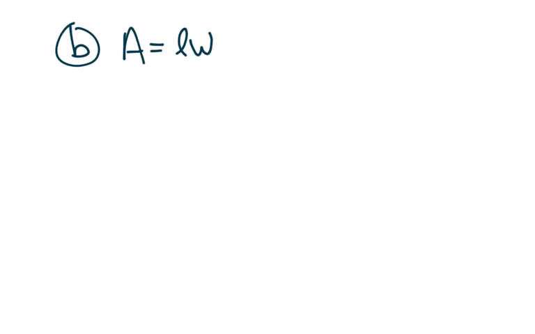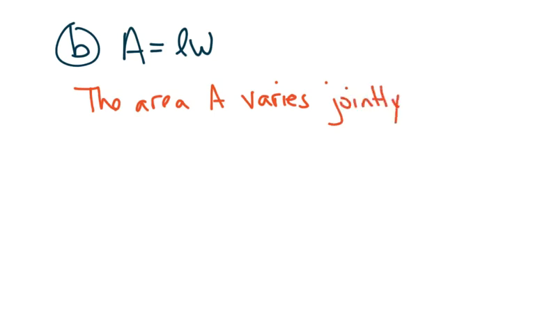In this next problem, this is the formula for the area of a rectangle. So we're going to say that the area A varies jointly. How did I pick jointly? Because there are two inputs when you're finding area.